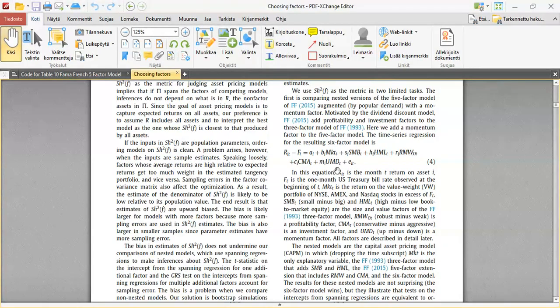And because it's a regression equation, we also add a residual term captured by this e_it, which is the residual of asset i at time t.